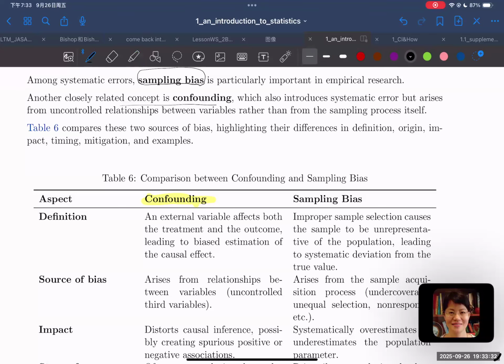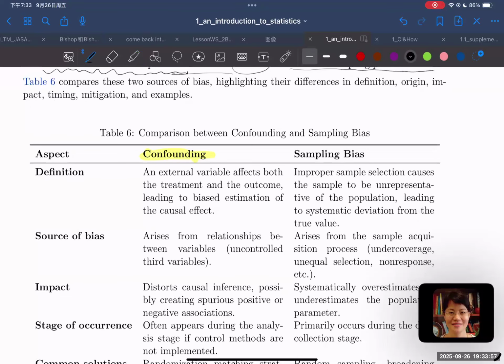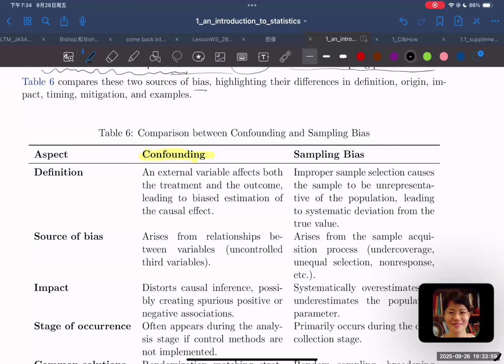Confounding is a systematic error, but it arises from uncontrolled relationships between variables rather than from the sampling process itself. For example, environmental confounders. Here we have Table 6, which compares these two sources of bias, highlighting their differences in definition, origin, and impact.